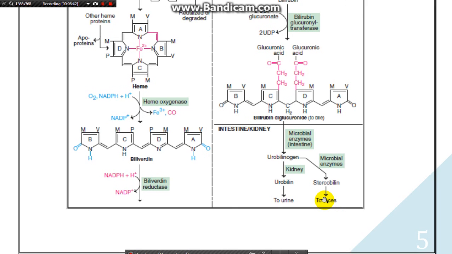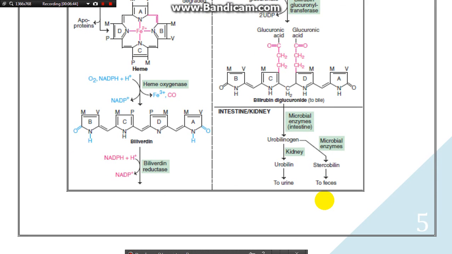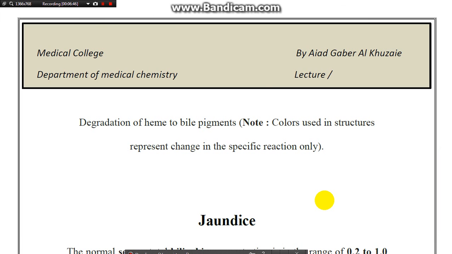This scheme explains the reactions of bilirubin from degradation in the spleen to release outside by the urine or the feces or stool. The degradation of the hematobile pigment, the colors used in the structure, represent the change in the specific reaction only.